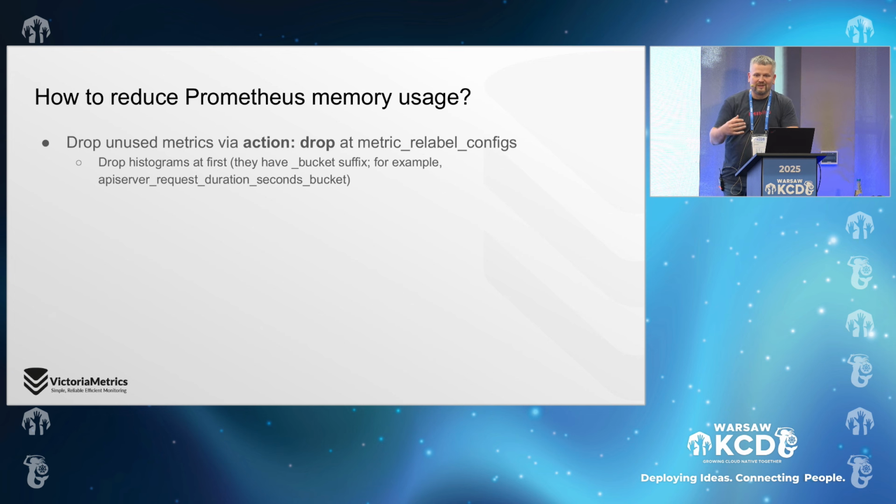And from my practice and from practice of Prometheus users and VictoriaMetrics users, the majority of such unused metrics, which introduce the biggest share of memory usage, are histograms, because in Prometheus, a histogram is a set of metrics for different value range buckets, and every histogram generates a set of metrics, and usually this set contains 10 or 20 or 30 or more metrics, and if you generate a lot of different histograms by your applications, then these histograms add up a lot of new metrics, new time series in Prometheus, and this requires a lot of memory.